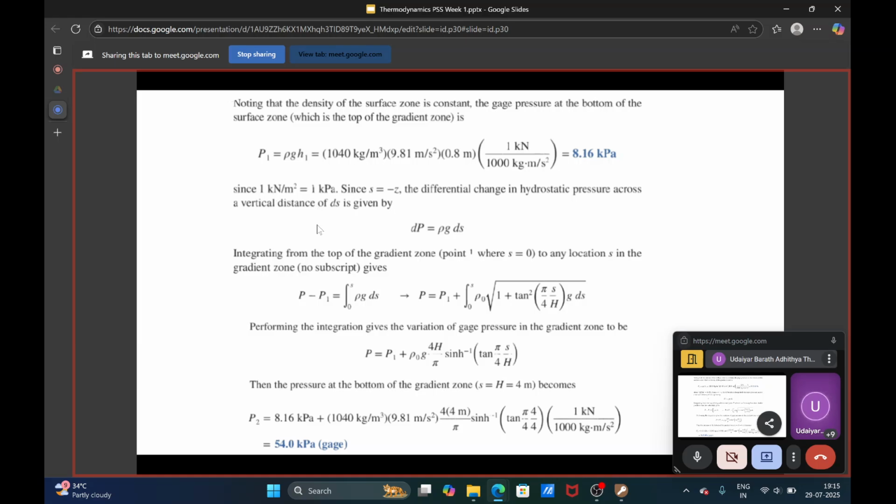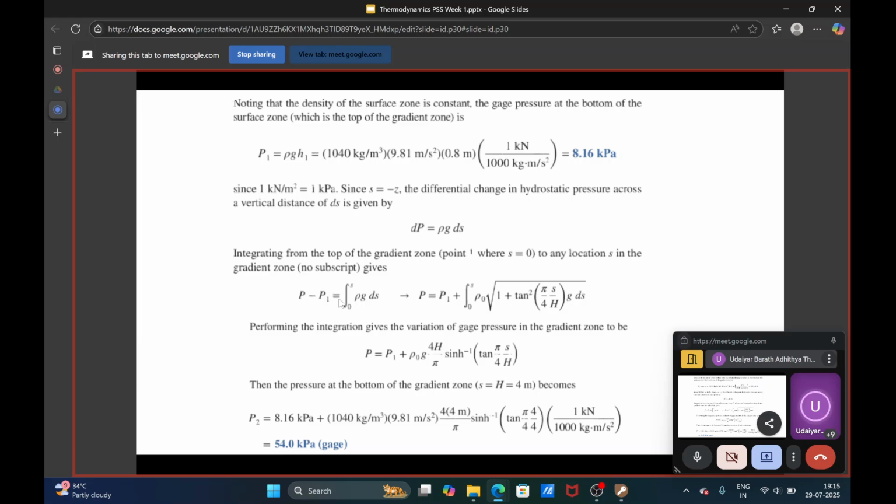Then the gradient starts. We know P is rho g H. Since your density is changing, if you take an infinitesimal height from the surface, the change in pressure will be dP is rho g ds. Now we have to integrate it because your density is not constant.